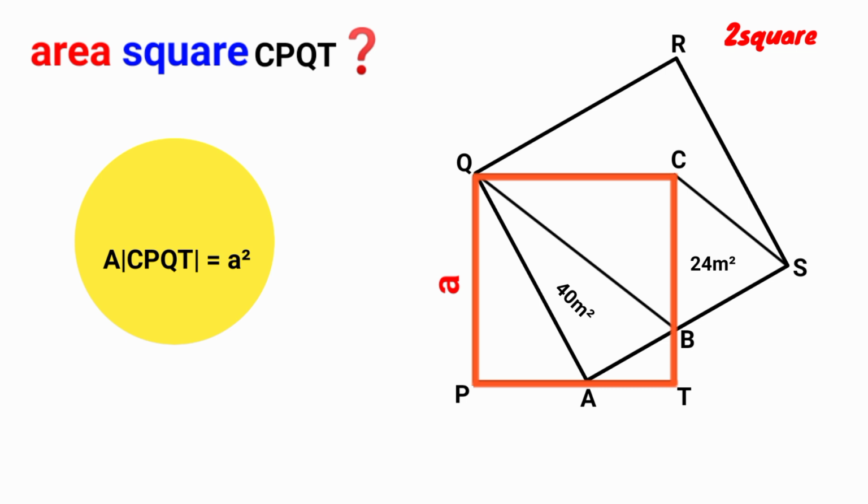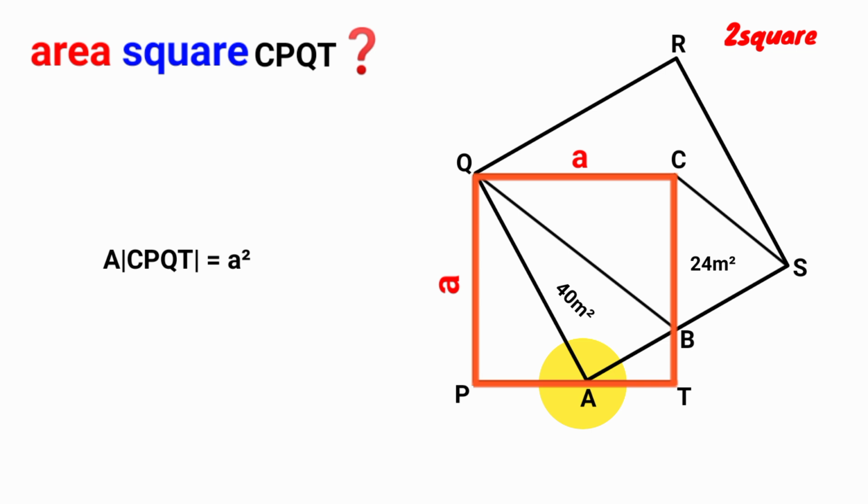Now the value of A, we don't know, but one of the properties of a square-shaped quadrilateral is that all four of its sides are equal in length. That is, this side, this, and this are equal in length. So since the length of this side is A, this, and this must also be A in length each.